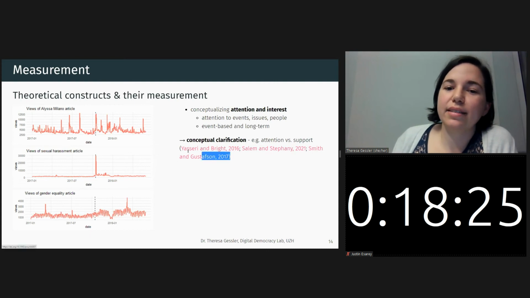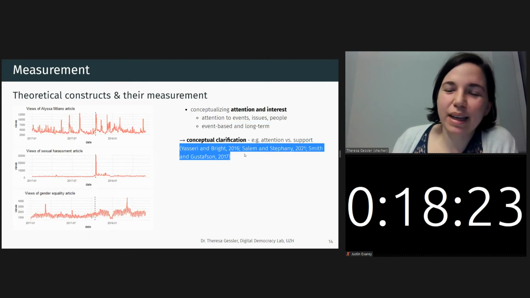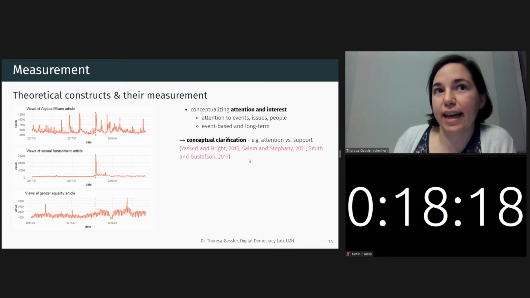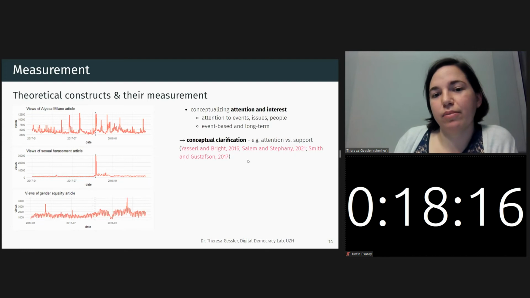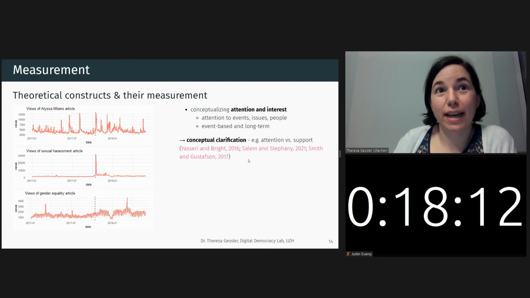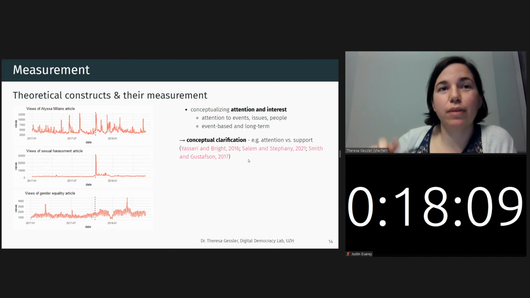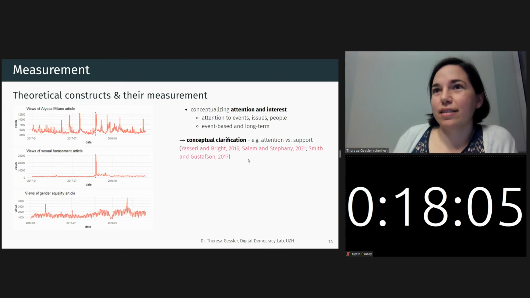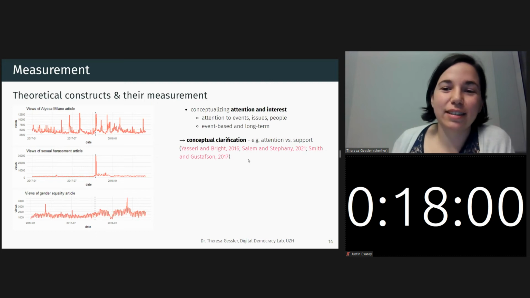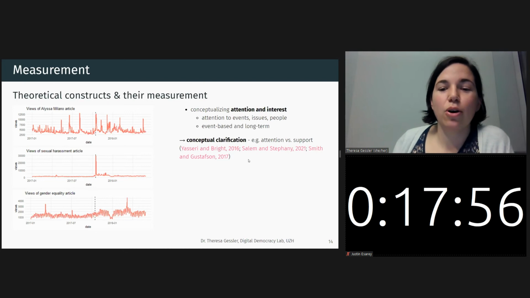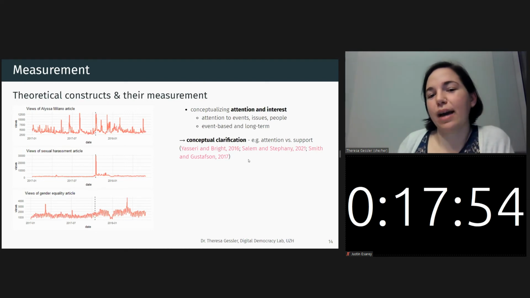Some of the studies I've listed here discuss the possibility of measuring vote choice from Wikipedia data. I think the biggest takeaway from this literature is that it's not so much the vote choice by default that we can model, but rather change, or not even change as an outcome, but the openness to change one's vote and to consider a specific party, either because we don't know much yet about that party or because somehow new facts have come to light.